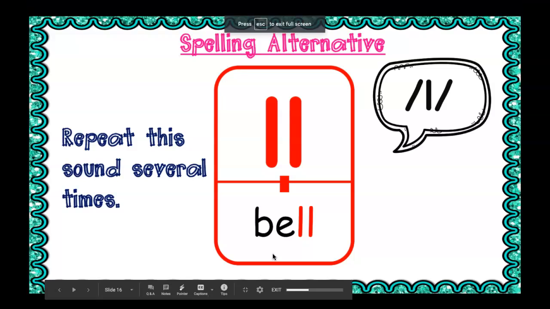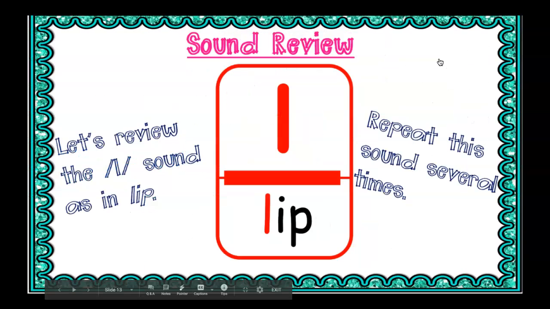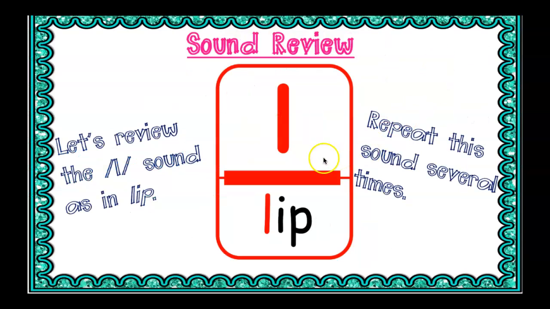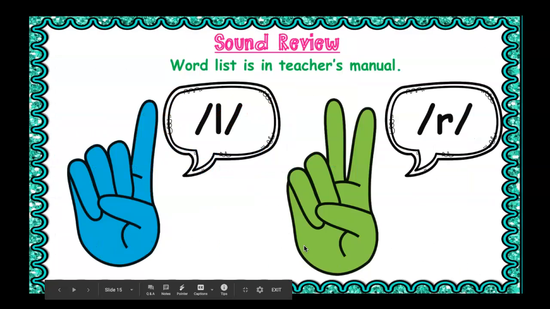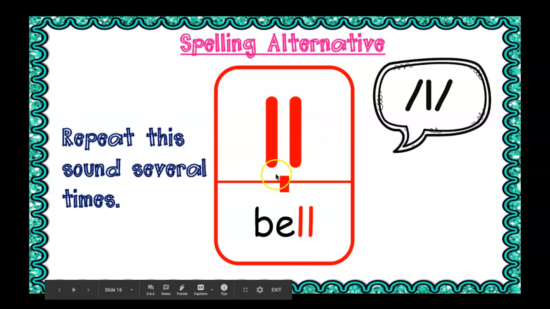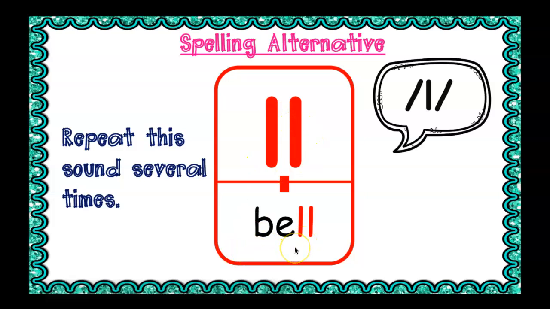All right, moving right along to spellings with the L sound. We've already learned to spell words with the letter L, like in the word lip. But we've also learned to spell words with the double L, like in the word bell.